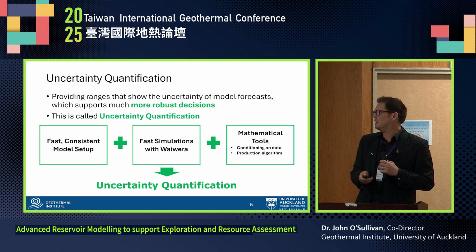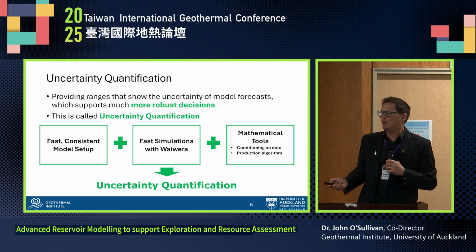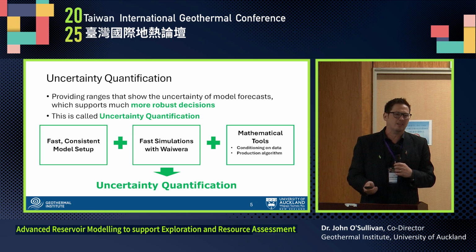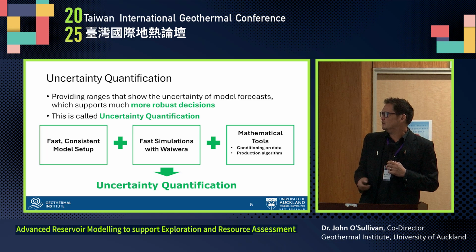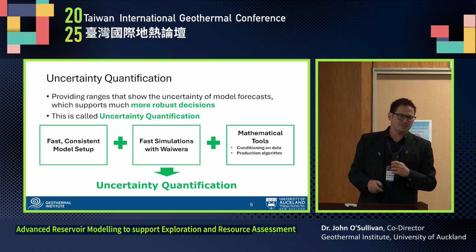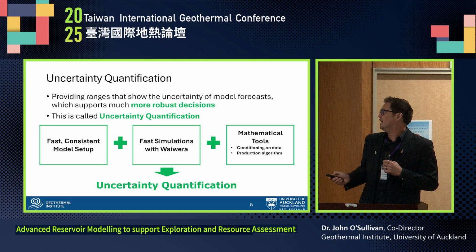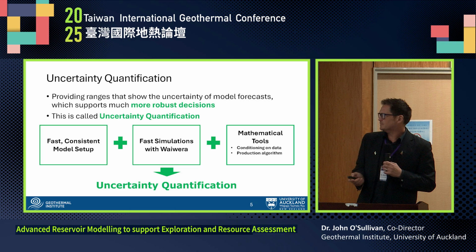And that is a much better estimate for the decision makers. So the ability to set up models that are consistent with the geological conceptual models quickly, run them very quickly with our open source simulator Waiwera, and then using uncertainty quantification mathematical tools, that's what gives us the ability to do this.